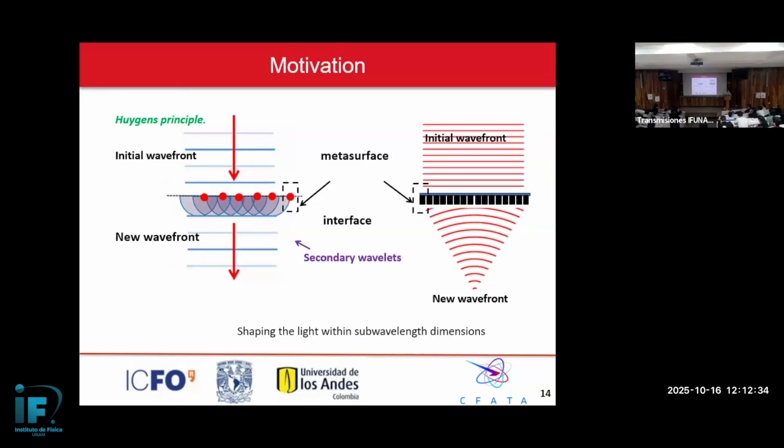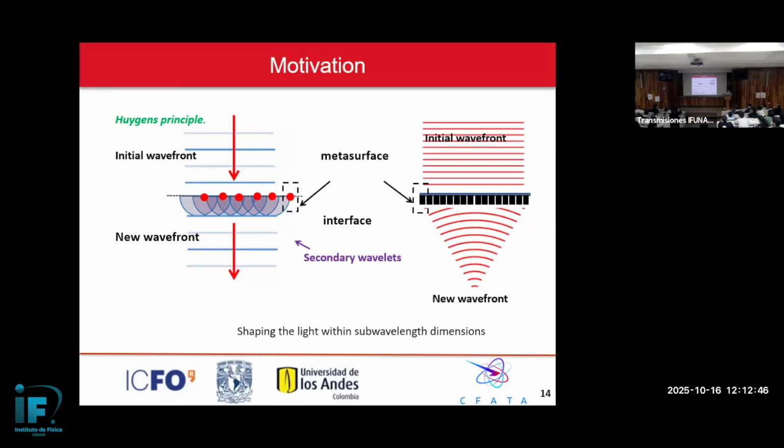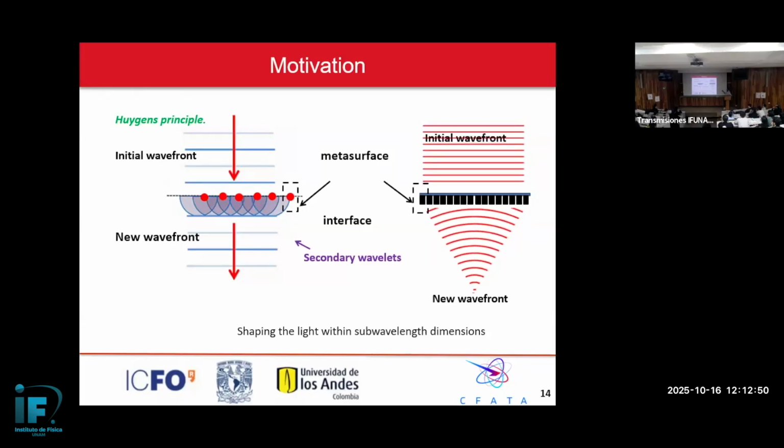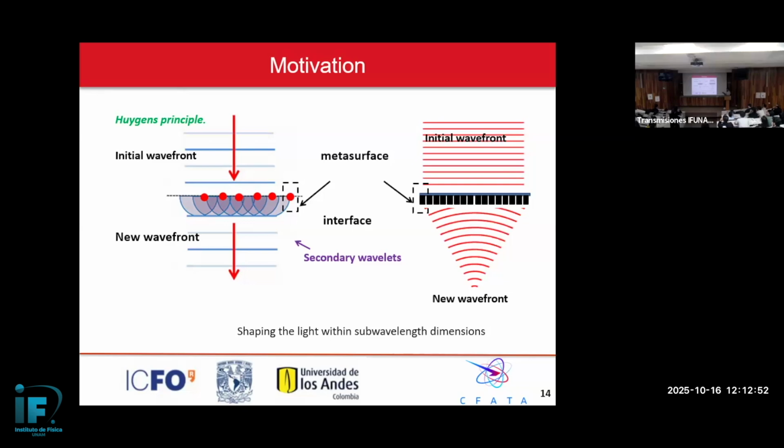With that, you can engineer the wavefront, for instance to focus the light of the incident plane wave. So you can shape the light like this. You can also turn it around. You can play with the polarization and many other features of the incident light.